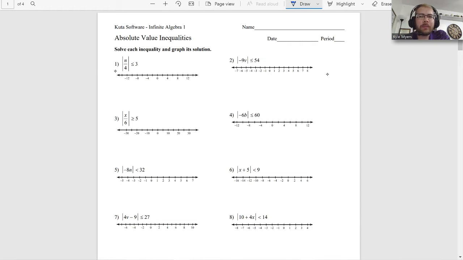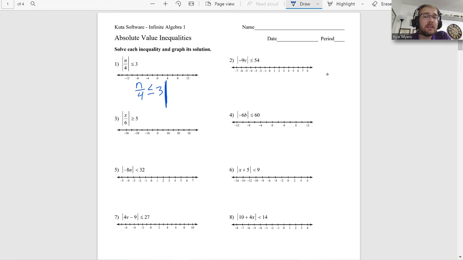Everything that's on the left-hand side is inside the absolute value marks, so we want to split it into two equations. We want to go like this: n over 4 less than or equal to 3. In one of these equations, you just get rid of the absolute value.